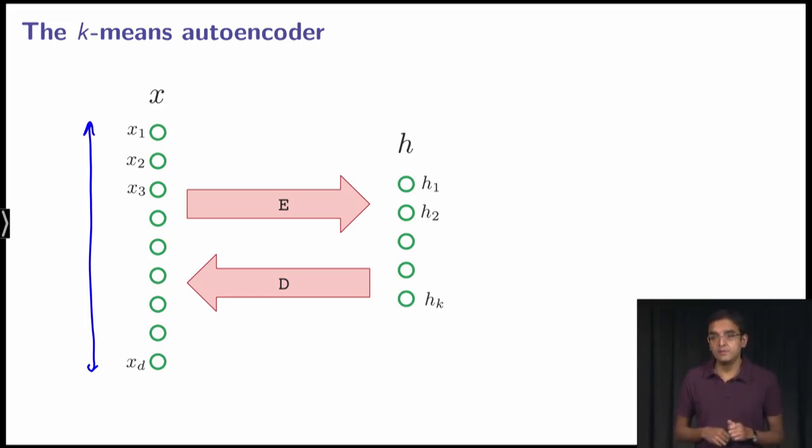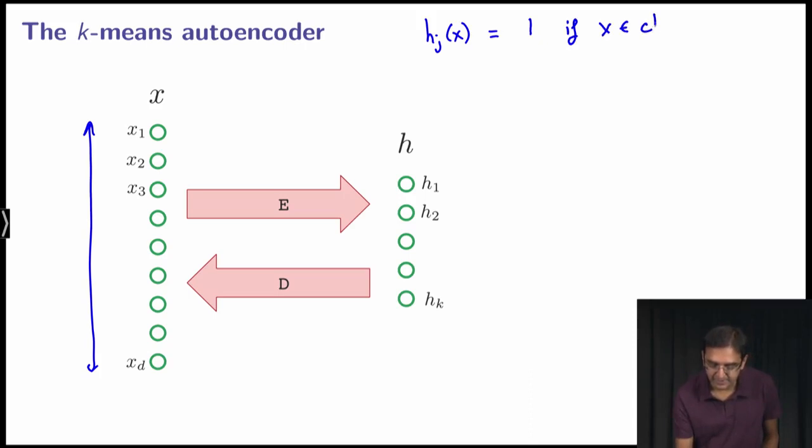So one way of doing this is to have these units on the right, h1 through hk, represent individual clusters. And we could say, for example, that hj of x, that unit gets turned on if x belongs to cluster j. So hj of x is 1 if x is in cluster j, and it's 0 otherwise.